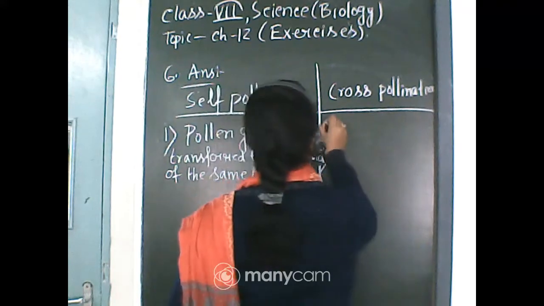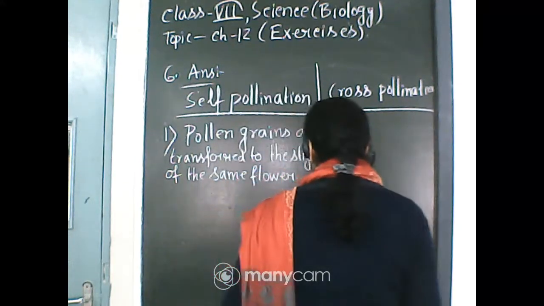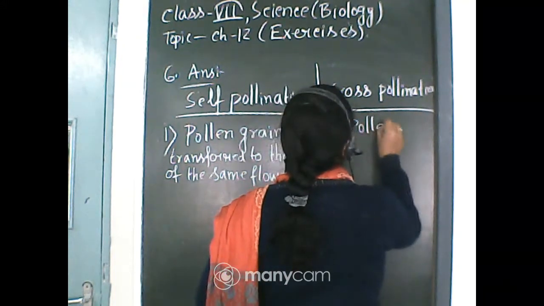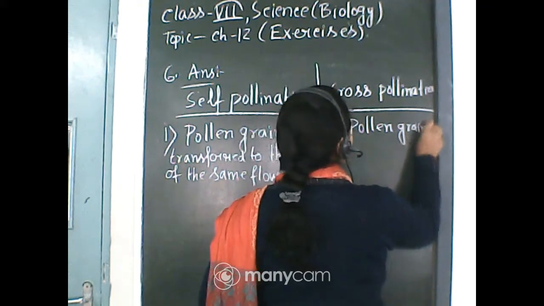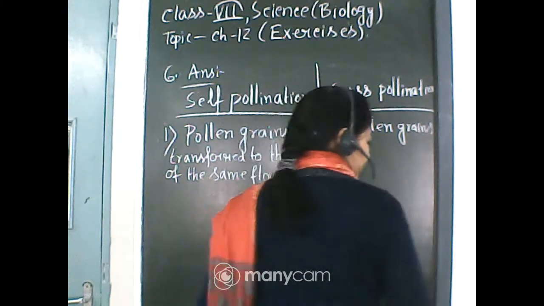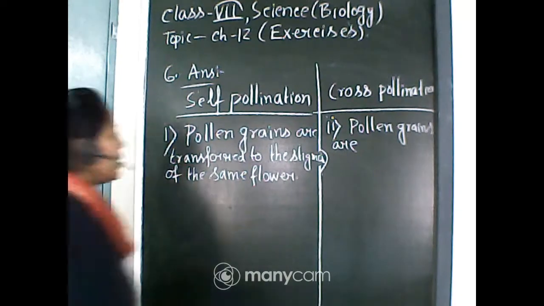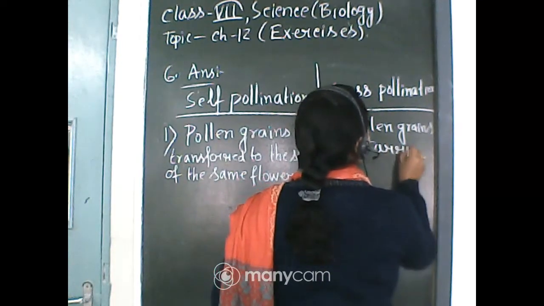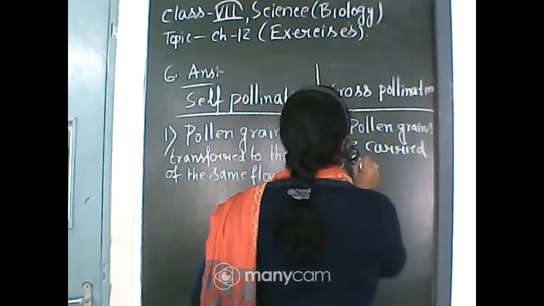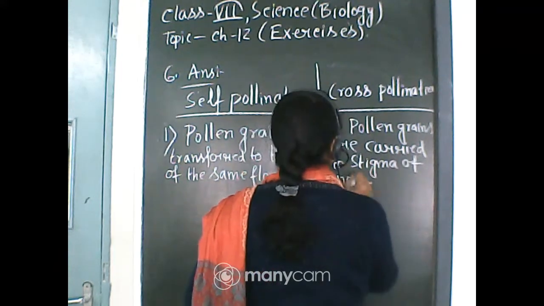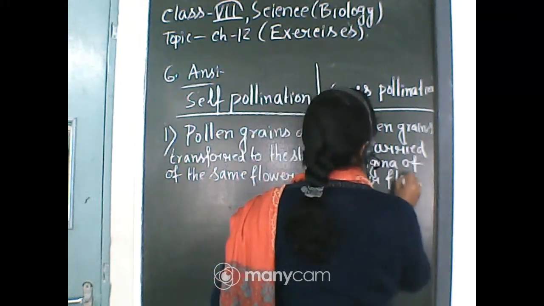But here in cross pollination the point will be just the opposite: pollen grains are carried to the stigma of another flower.